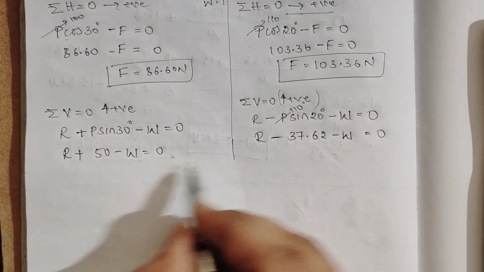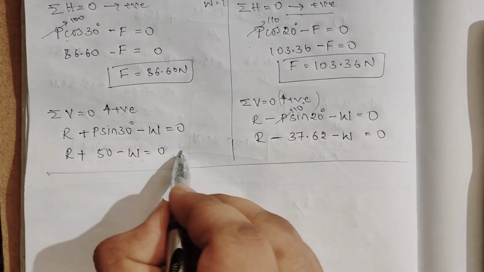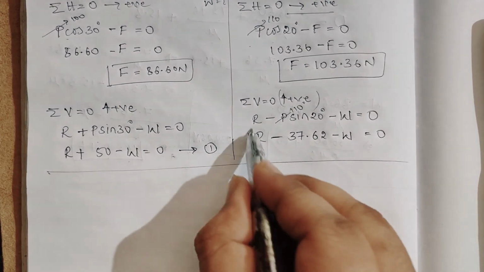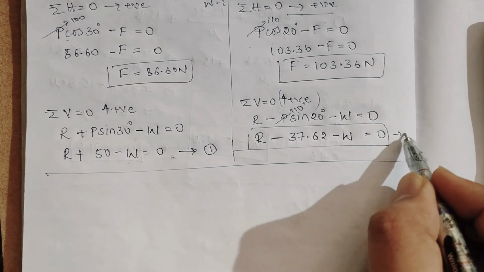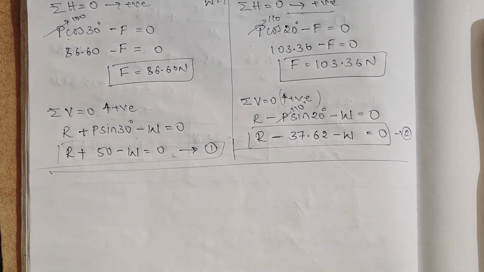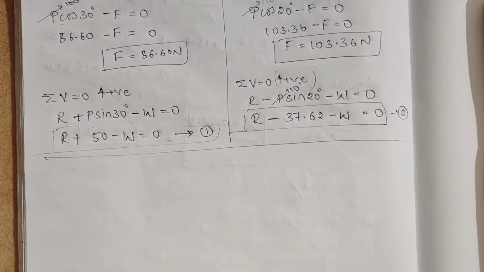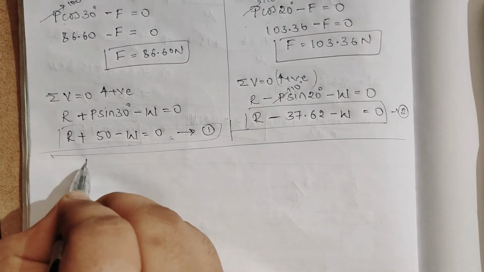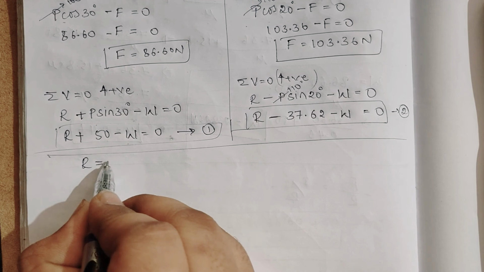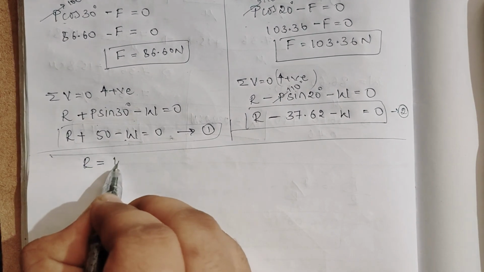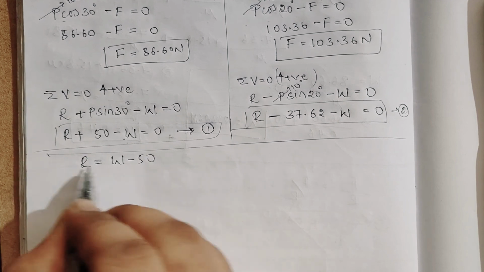Now here we have two equations, so let this be equation number 1 and let this be equation number 2. From these equations, R is equal to, this W will go, it will become positive, W minus 50.